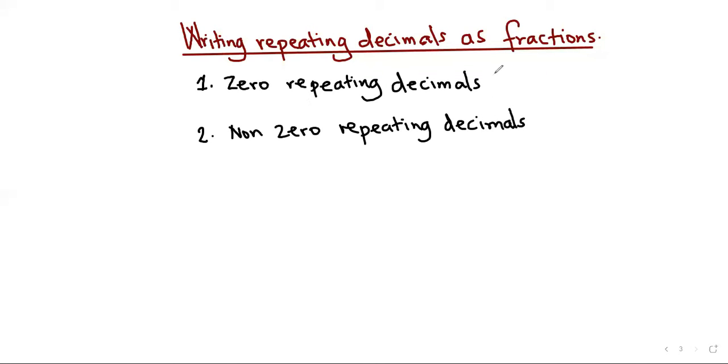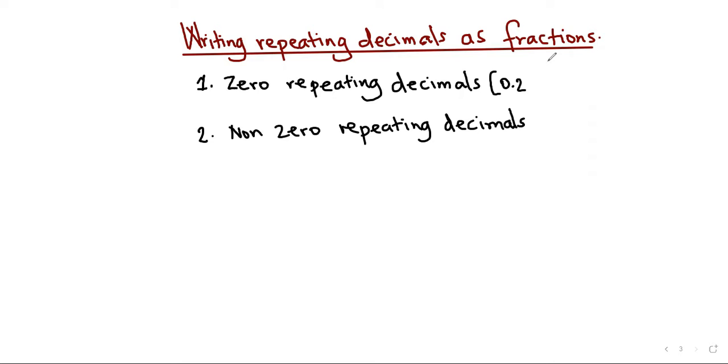For zero repeating decimals, an example can be like 0.2, and then it means that you have many zeros coming. Okay, this is a zero repeating decimal. But you can also write this as 0.2.